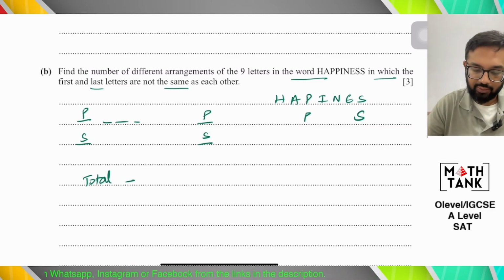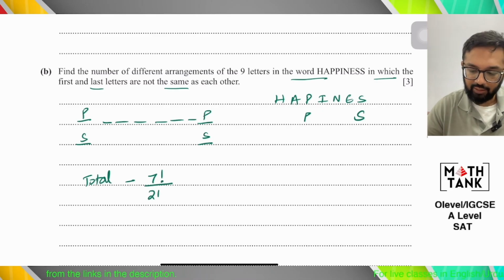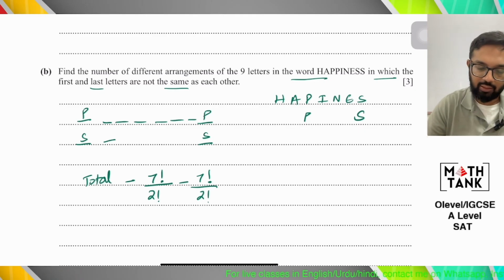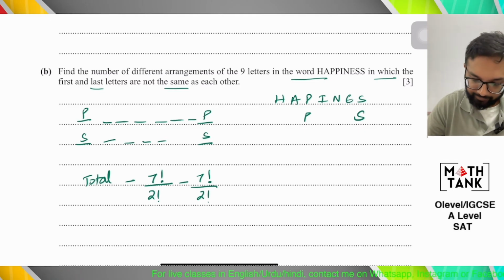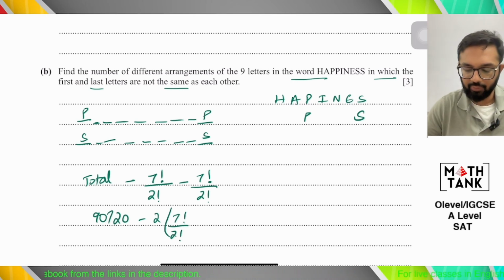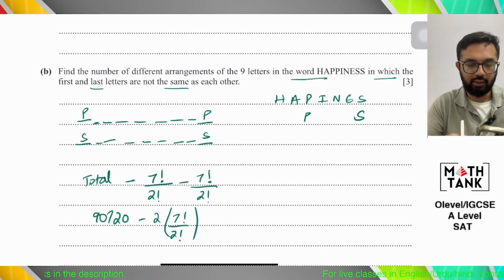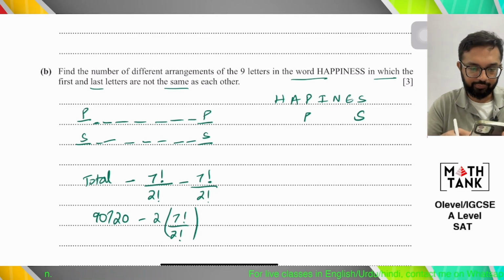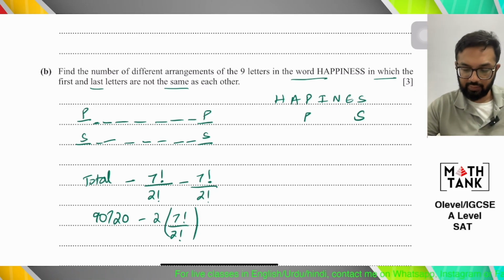So if you have a P at the start and P at the end, that means the 7 in the middle, and 2 of them are S, and then similarly for S at both ends, 7 in the middle and 2 of them are P's. So 90720 minus 2 times 7 factorial over 2 factorial. Let's check if that is the correct answer. Yep, that is the correct answer.